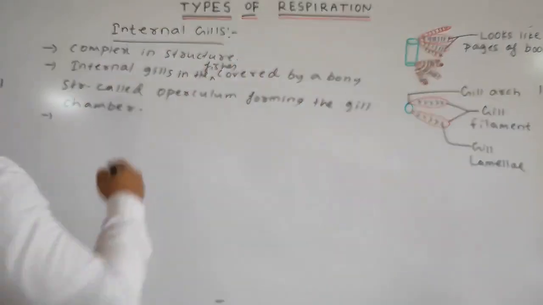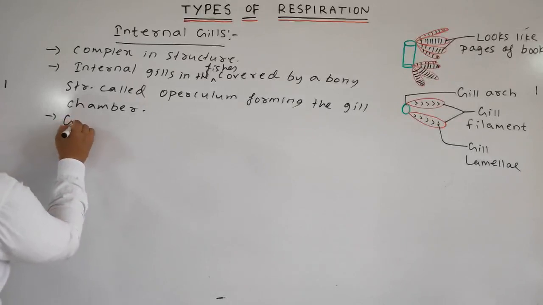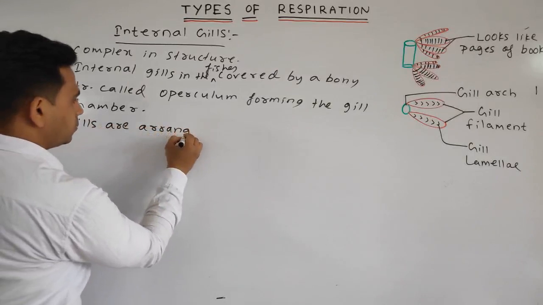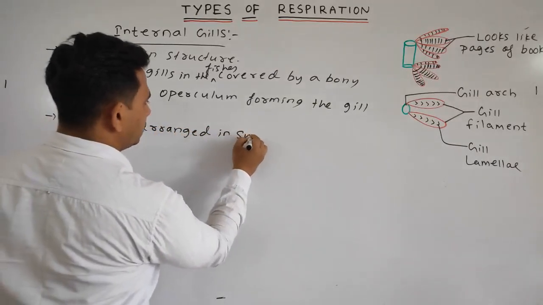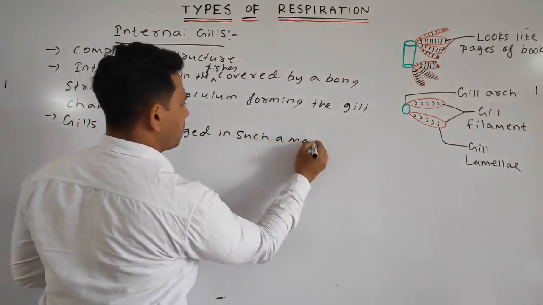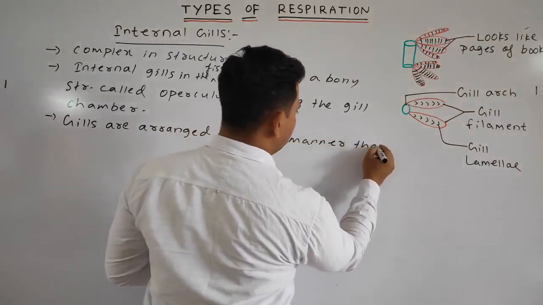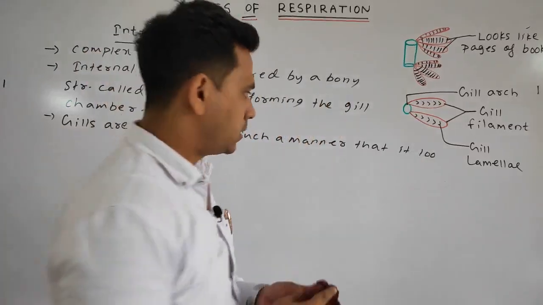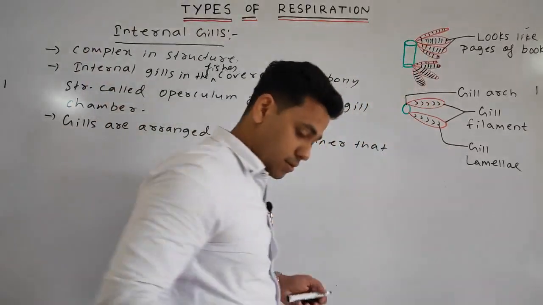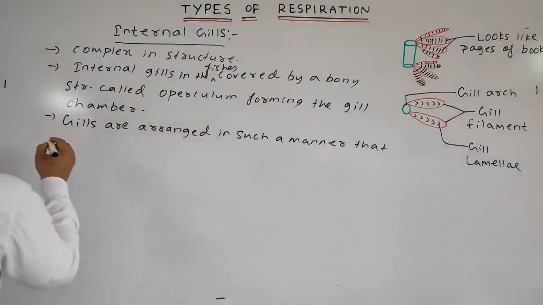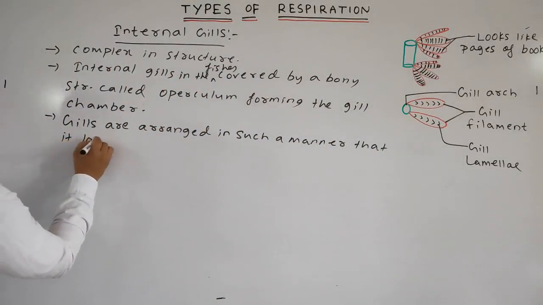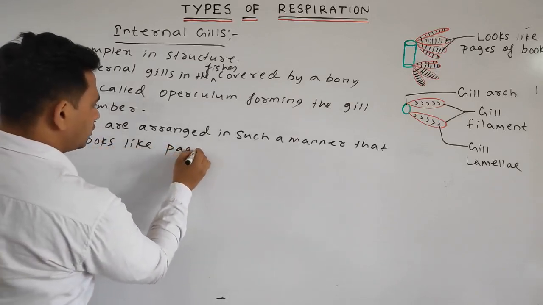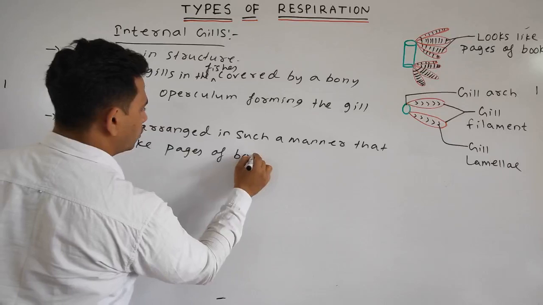Okay, so our next point is the gills are arranged in such a manner that it looks like pages of a book.